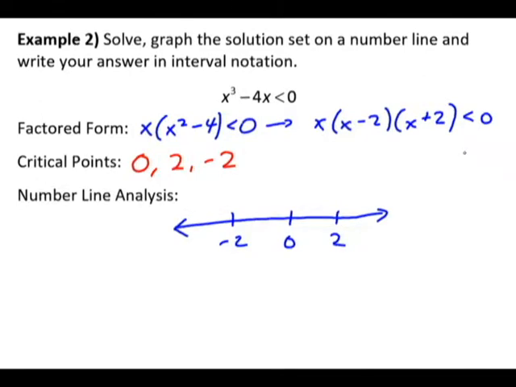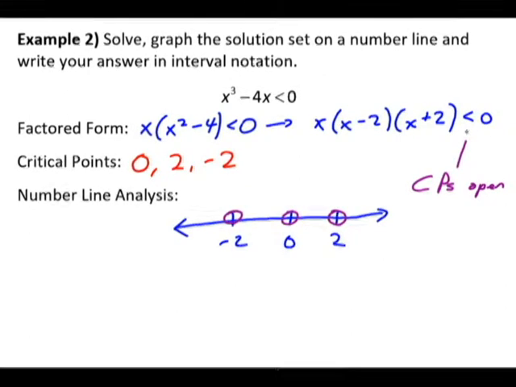First, the critical points will not be included. The critical points will be open because we're not including the zeros. Second, this also tells us that we're going to be looking for intervals that are negative. We are looking for less than 0.